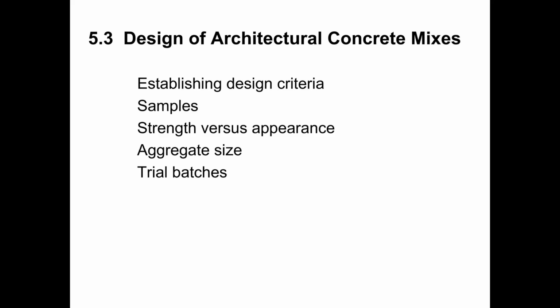So one thing to keep in mind when using two different mixes in combination with each other is that those mixes need to be compatible. They need to be similar in design. If our face mix has a significantly different water cement ratio than the backing mix, or significantly different aggregate sizes between the two mixes, then over time this can cause a problem in the panel because those two mixes may expand and contract with thermal and moisture changes differently, which could cause the panel to bow or even to crack or delaminate.